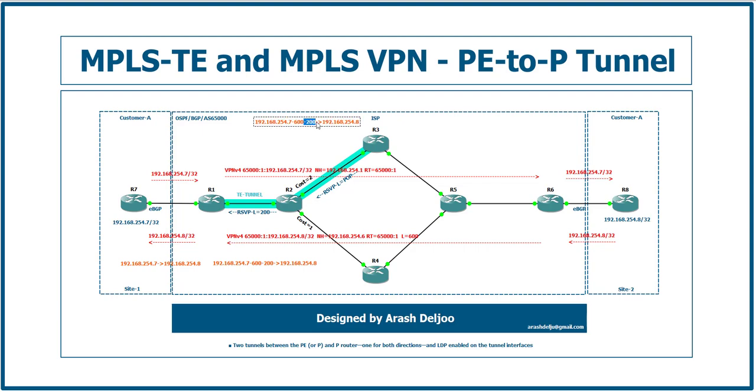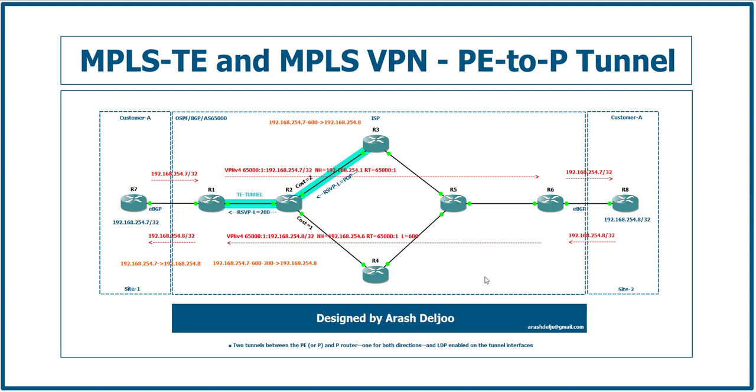After that, we forward this packet to router 3. But router 3 doesn't know about 600, because router 3 didn't advertise 600 to R1. Because of that, now we have a problem. R3 cannot forward the packet to the destination. You know that 600 is the BGP label and 200 is the RSVP label. We don't know about the label that we can use to reach R6. Here we have a problem.